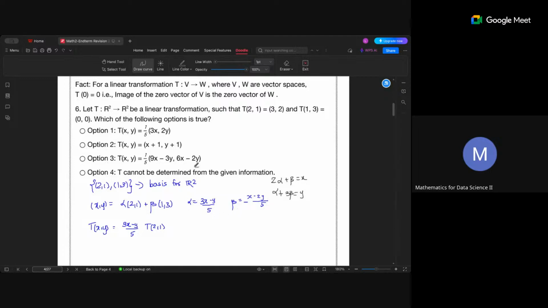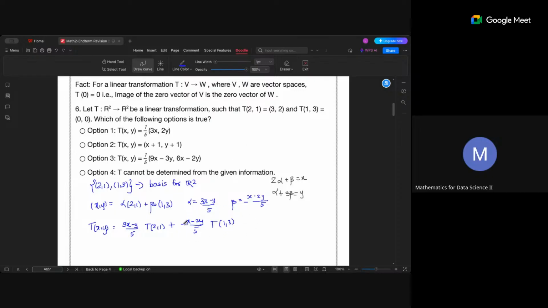Okay? Fine? Okay. So now T of (2, 1) is equal to, here we are applying the linear transformation on both sides. Now you see that you have (3x minus y)/5 T of (2, 1) plus (x minus 2y)/5 T of (1, 3). Okay. So now you apply the values here, (3, 2) and (0, 0).